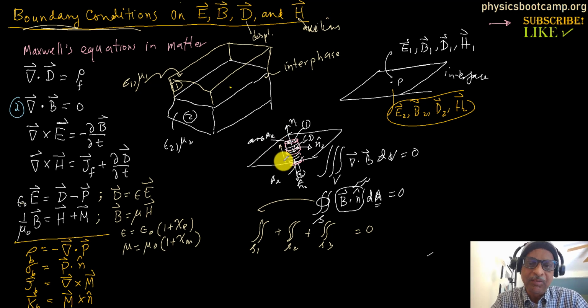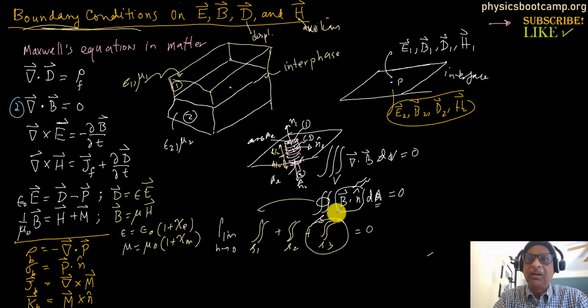So this may be the height of the pillbox, h over 2 above and h over 2 below, and I want to take the limit h goes to 0. When I take that limit, this part goes to 0, but this stays. So this one gives me B1.